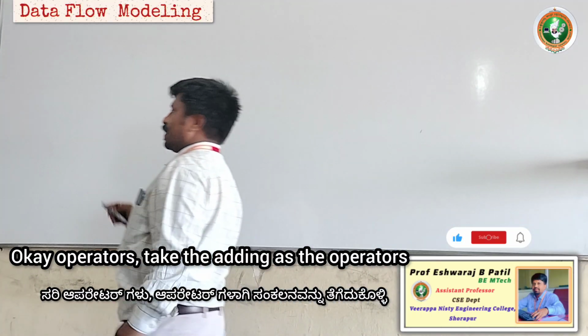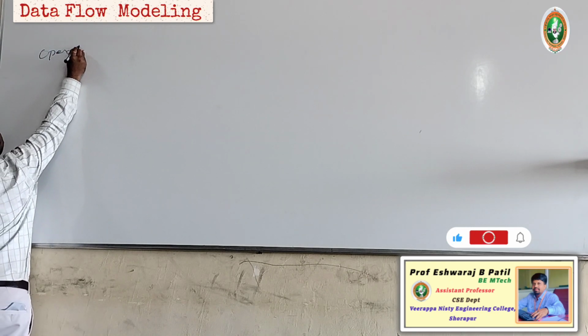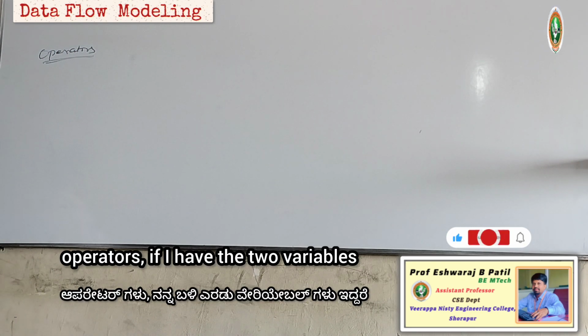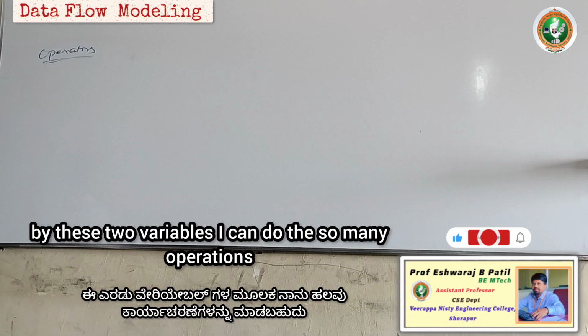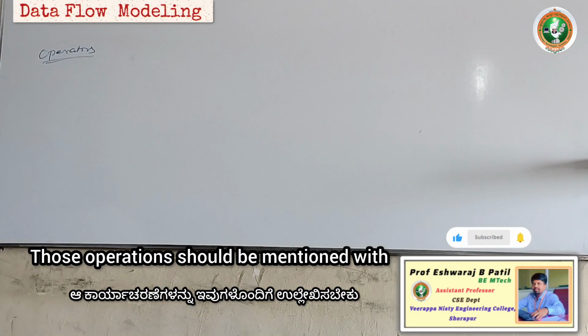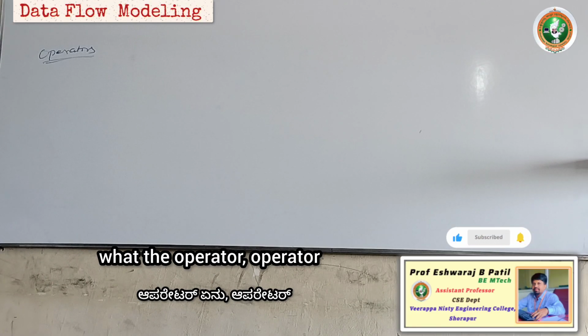Okay, operators, take the heading as the operators. If I have two variables, with these two variables I can do so many operations. Those operations should be declared with the help of an operator.